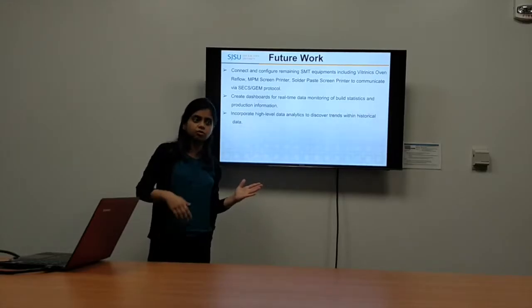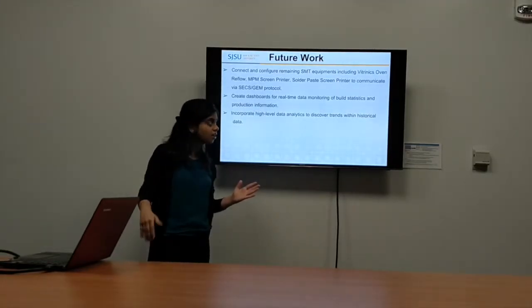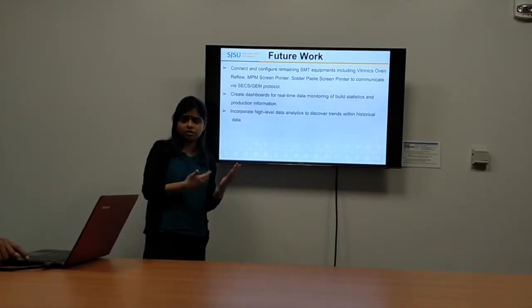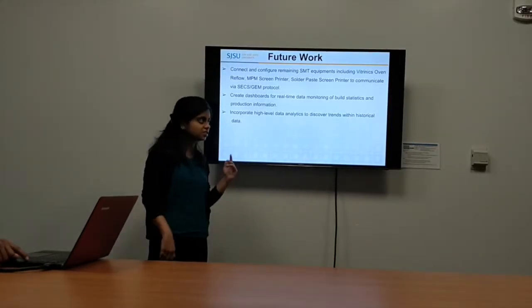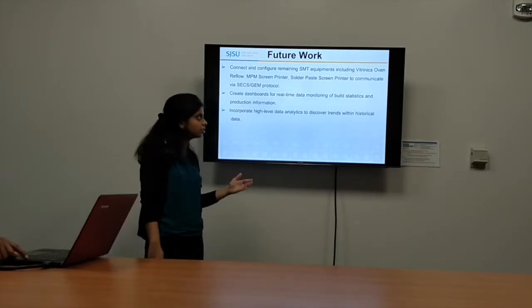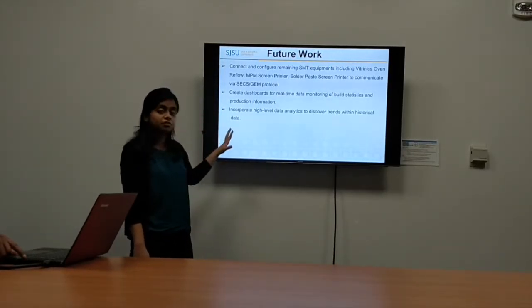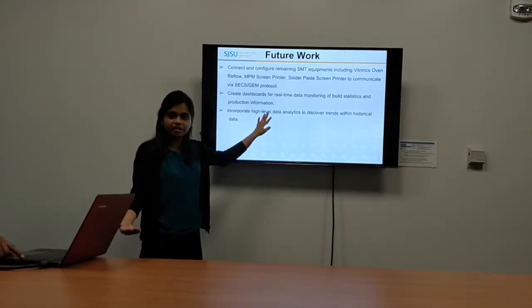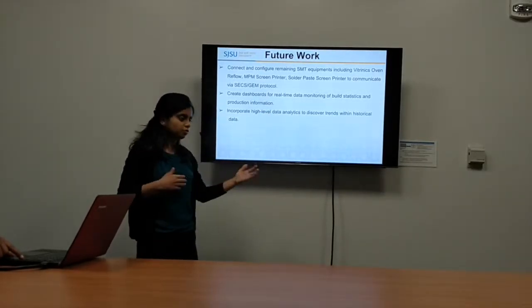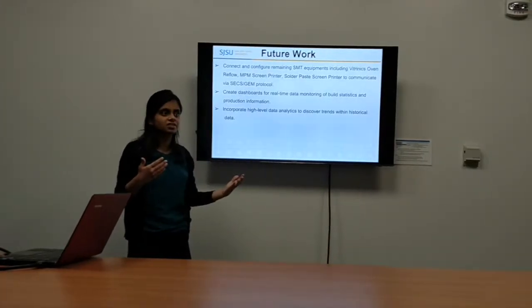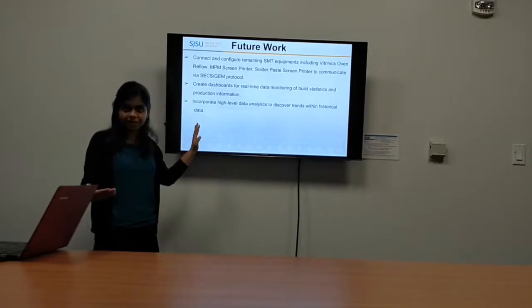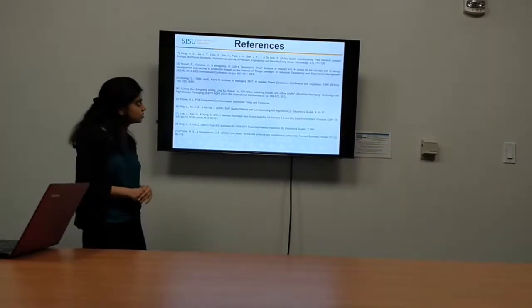So if you're an engineer who is not present in the manufacturing line, you can just look into your dashboard through an app and see what's going on in your production line every minute. That would be the main future work. And of course, we would be applying high-level data analytics to see what's wrong, what's right, and why things are not functioning as they're supposed to, using the real-time data from the SECS/GEM compliant machines.